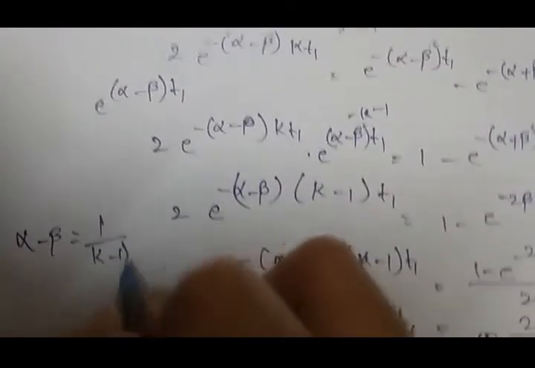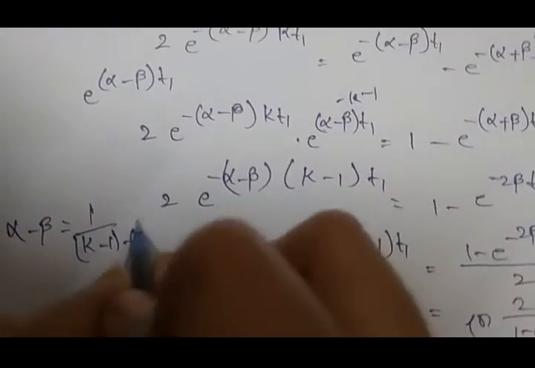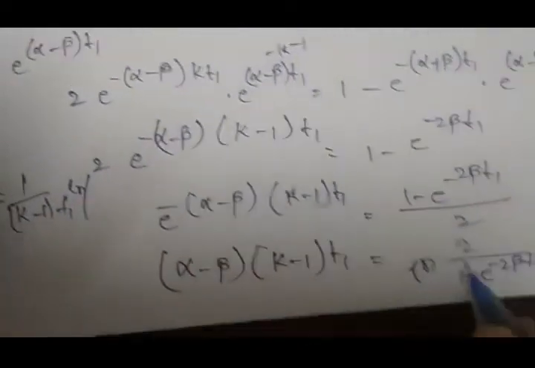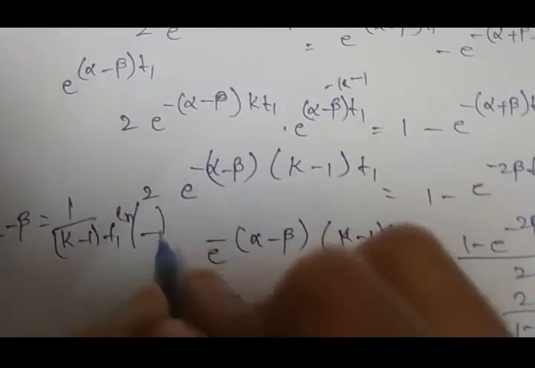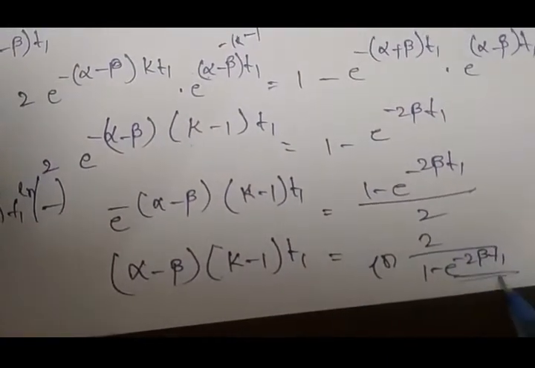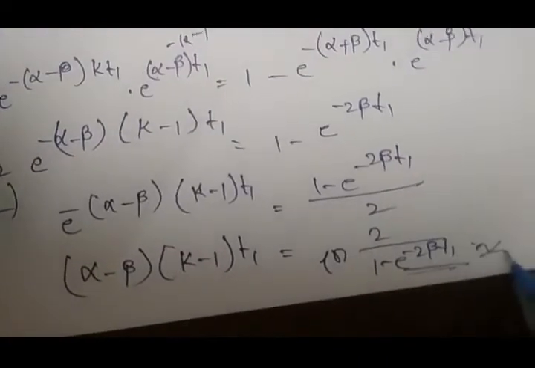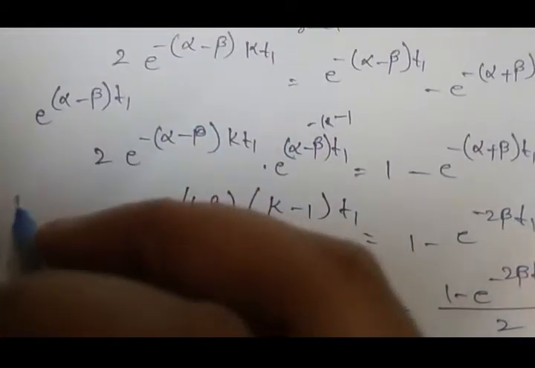So alpha minus beta, here itself I am mentioning, equals 1 divided by k minus 1 T1 times log of this complete expression. If you observe the denominator term, it is also negligible, so it will be almost equal to 1.